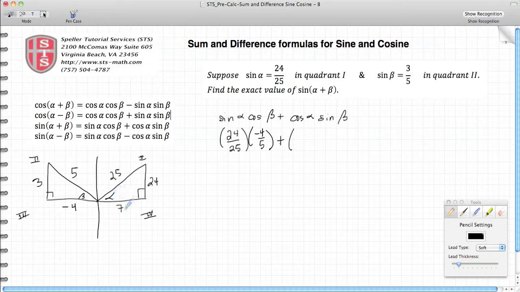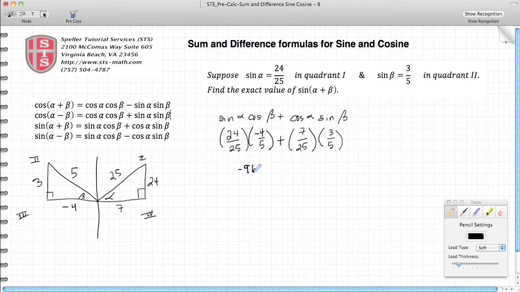Again, that relationship is adjacent over hypotenuse, so that's 7/25. And we're going to multiply that times the sine of beta, and again the sine of beta is given as 3/5, but we can look at the drawing, and it still is the opposite over hypotenuse to give us 3/5.